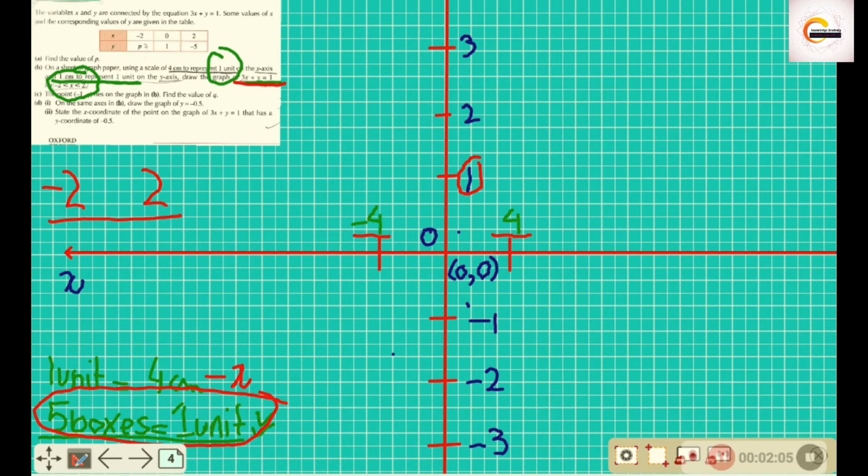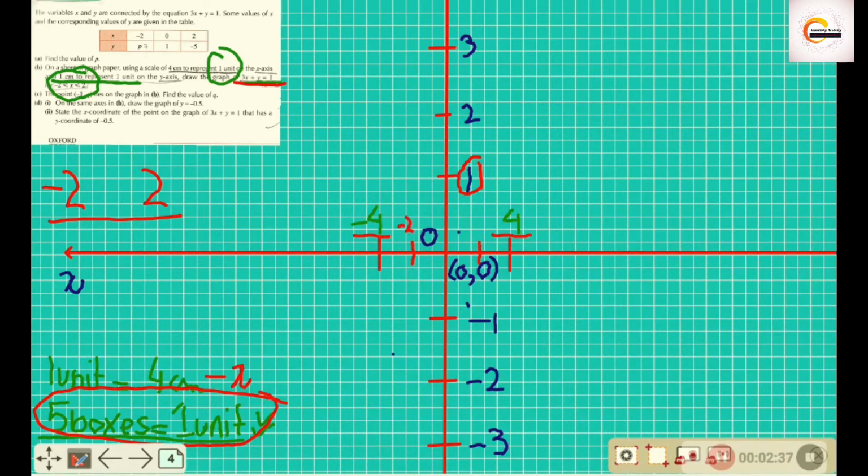Don't think too much about this, just write it down like this. So I am going to plot a line between -2 and 2. If 5 boxes make 4 centimeters, how many boxes will make 2 centimeters? Yes, half of it. So 2.5 boxes will make 2 centimeters.